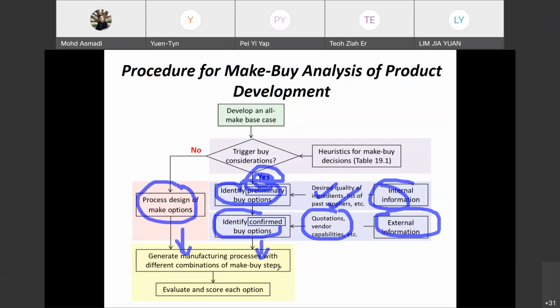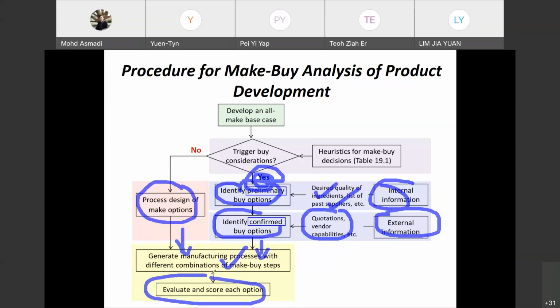Concurrently we can do these make options. You can identify the design and the cost estimated to produce your ingredients, and then you combine. So we can evaluate and score the options, which one is the best, from the top management.